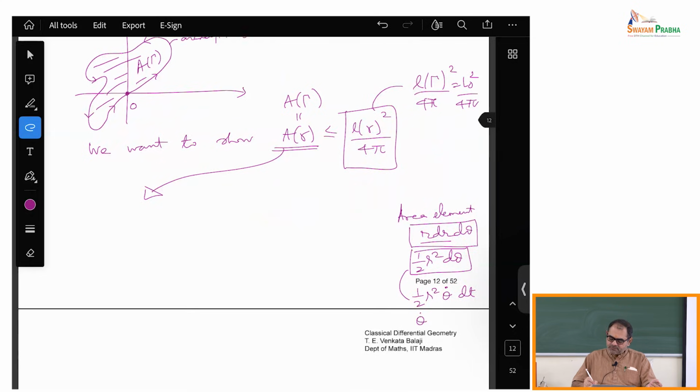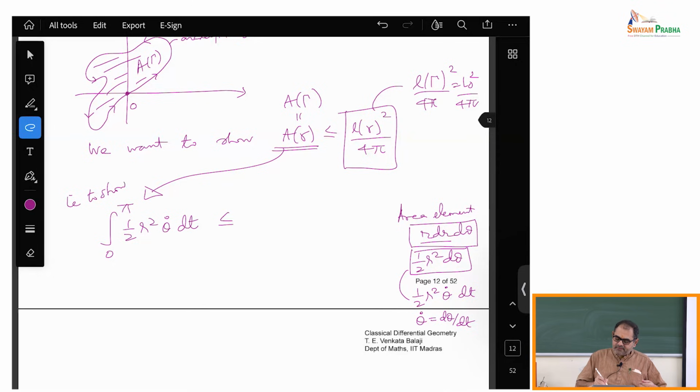I have to bring it to t because t is now the parameter with which I am working. So the area of gamma will be the integral from 0 to pi of half r squared theta dot dt. This is the left side.